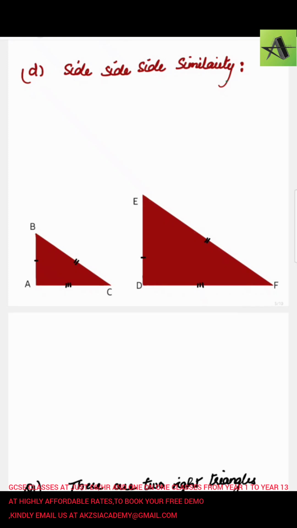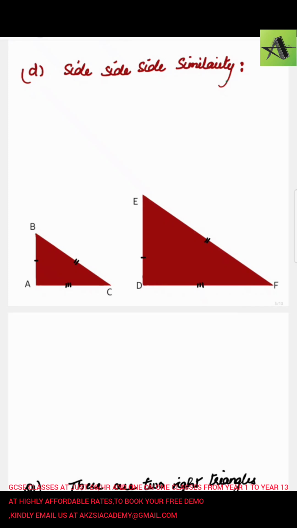If you make them equal, the triangles will not be similar. They will become congruent. Congruency is proved by equality, because congruent triangles are those whose corresponding angles as well as corresponding sides are equal, whereas similar triangles are those where the corresponding angles are equal but their sides are in constant ratio.